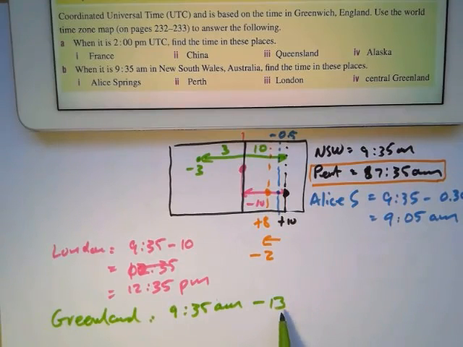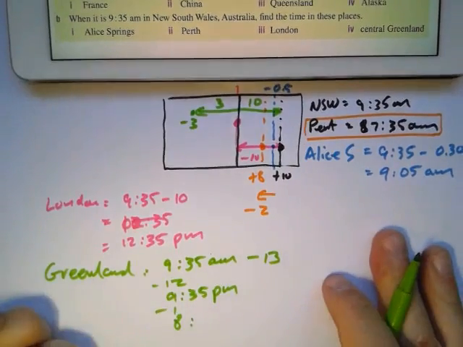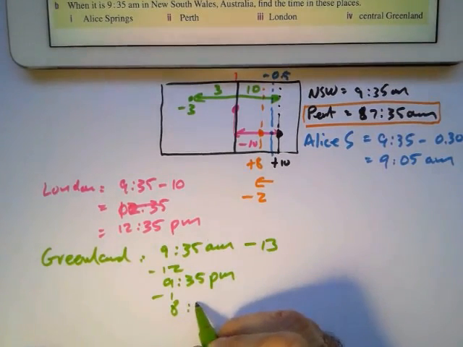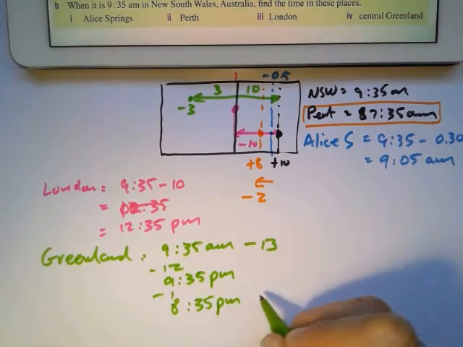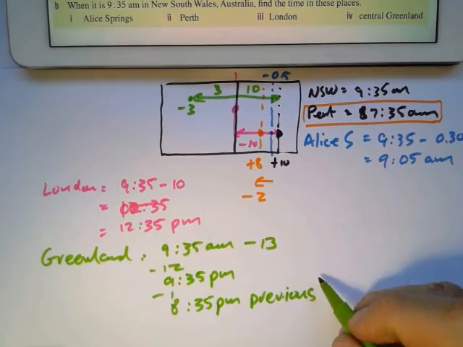The easiest way to take away 13 hours is to take away 12 hours. That will take us to 9:35 p.m. on the previous day. Then another hour will take us to 8:35 p.m., and this will be the previous day.